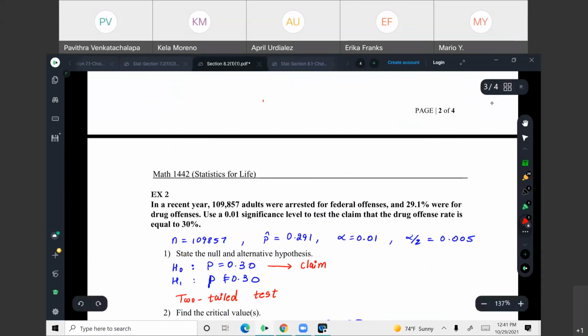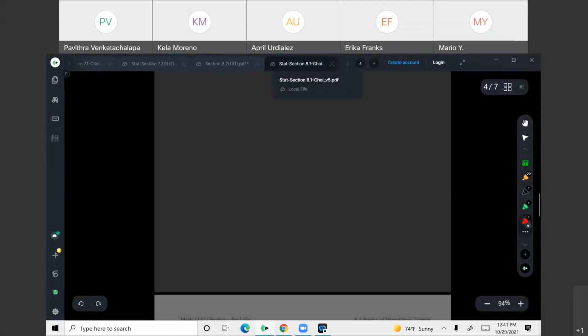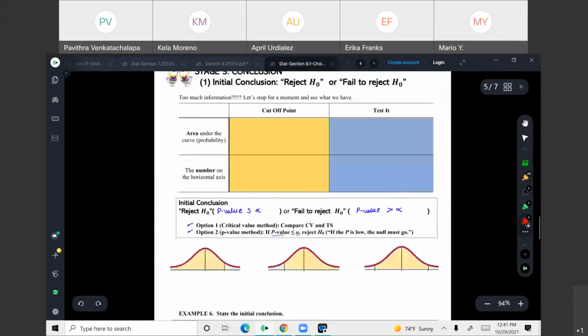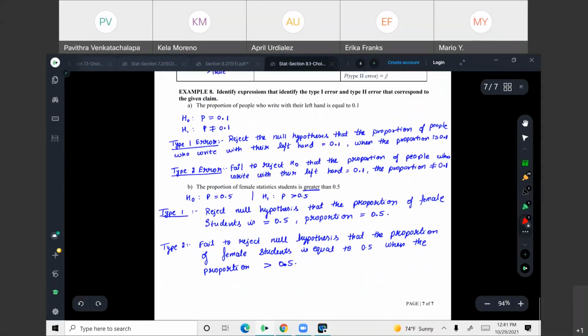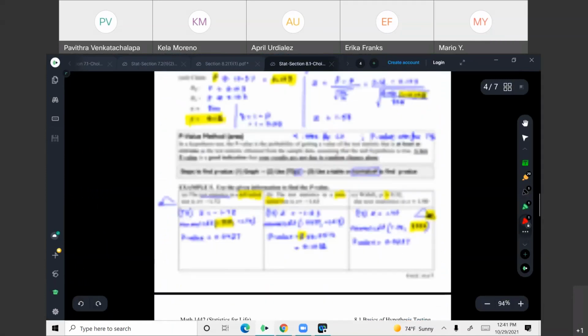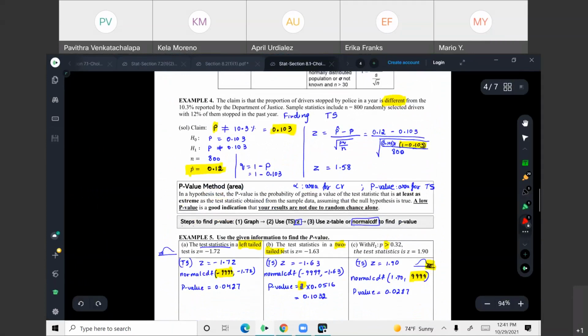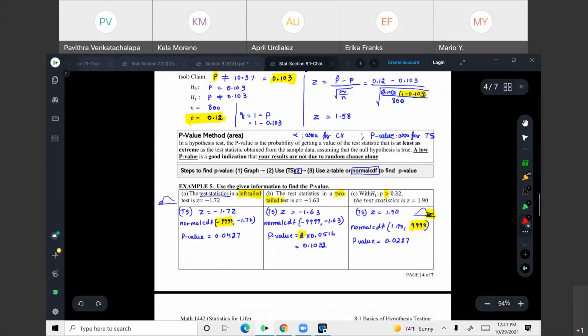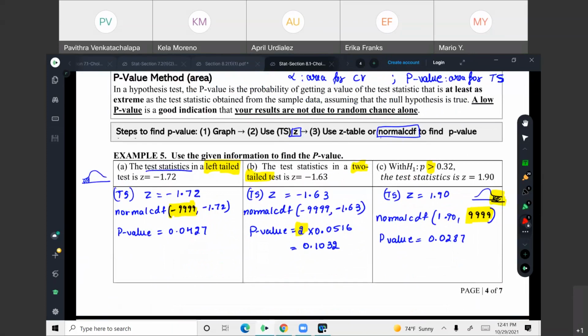I'm trying to access the notes, but I'm not able to. So if you want, you can just take a look at these notes in example 4. This is how we calculated the p-value in section 8.1.